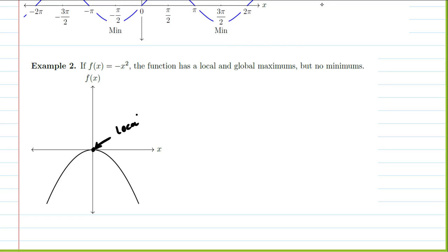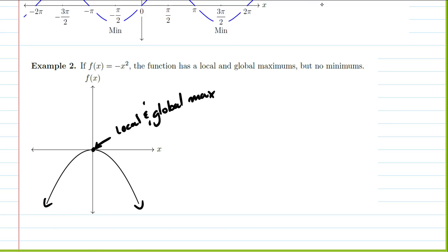So this is local and global. But this has no minimums, right? Because our graph continues on forever in both directions. So it does not have any local or global minimums because it goes to negative infinity.